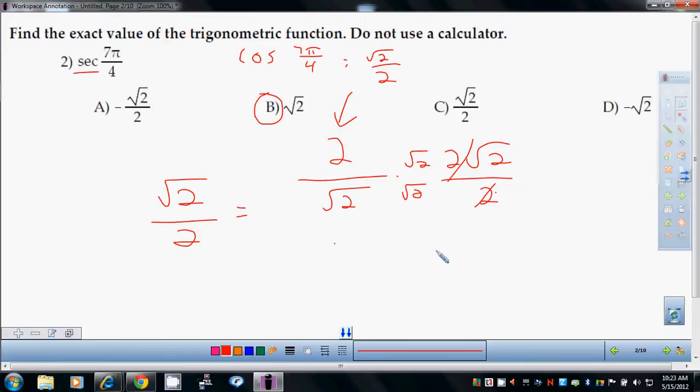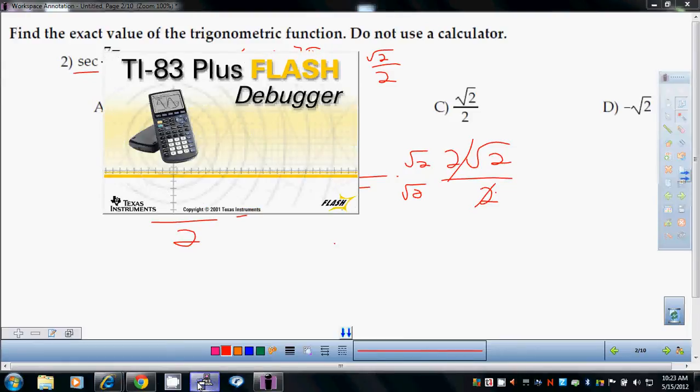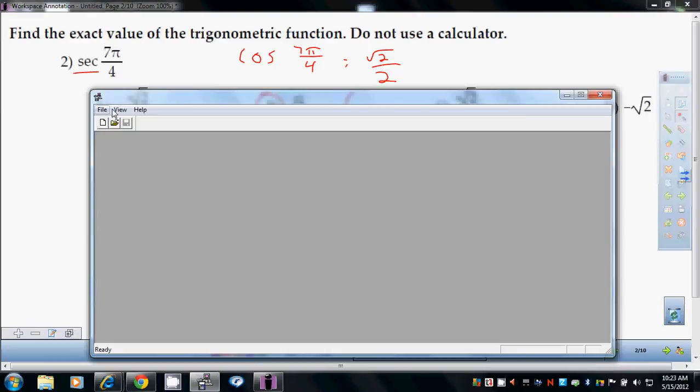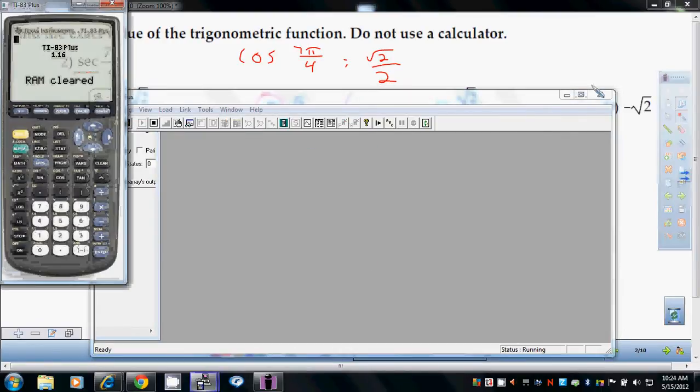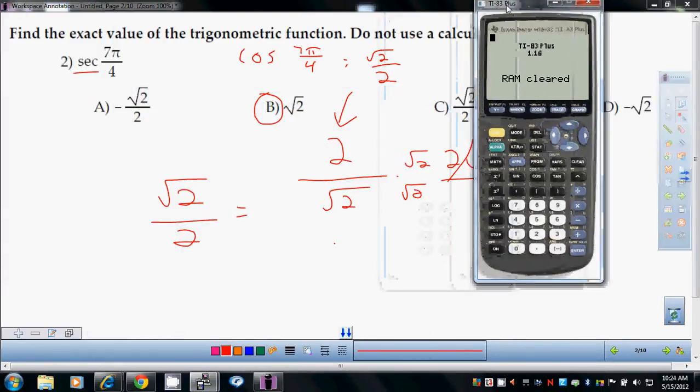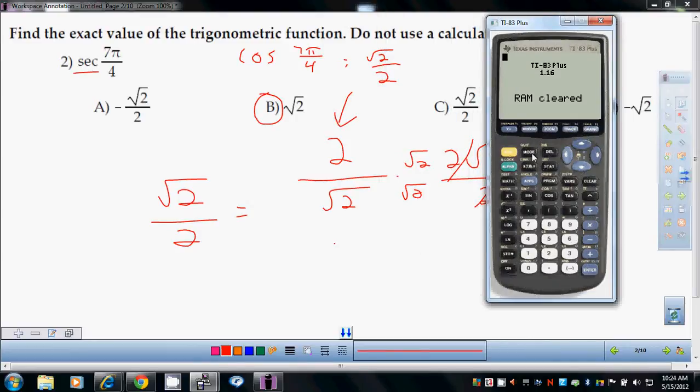Actually, your calculator would probably just tell you that, wouldn't it? That's true. But you could probably punch in the answers and see which one equaled that. Just make sure. What would you have to make sure of in this one? Radian mode.